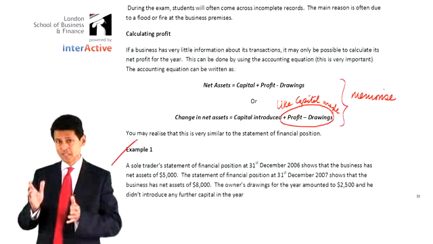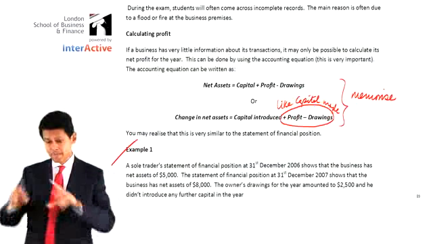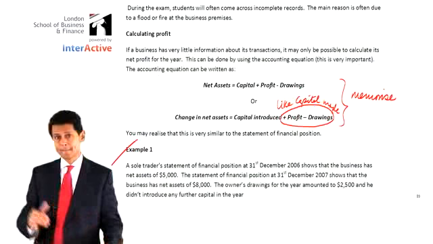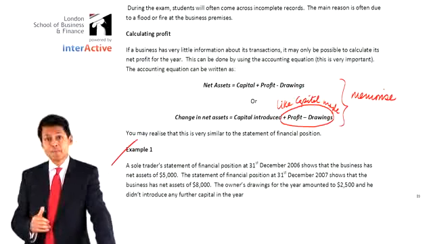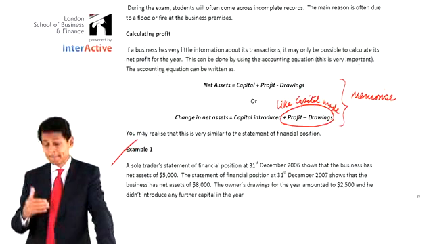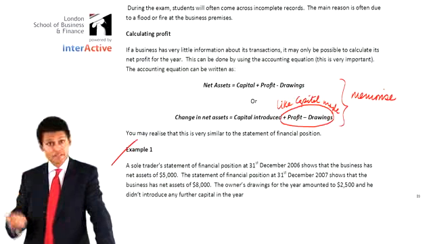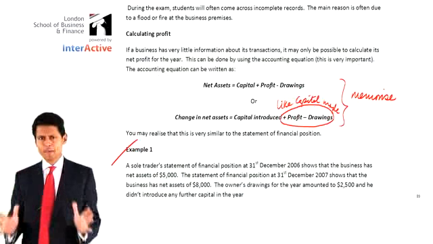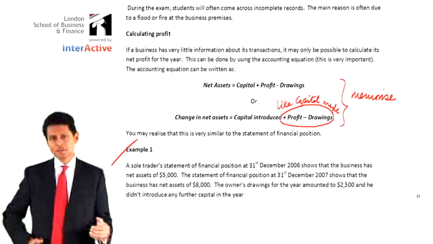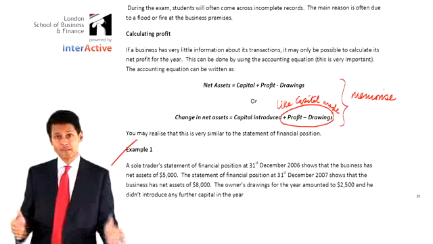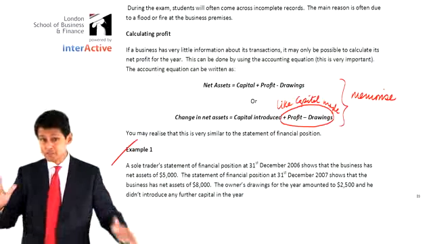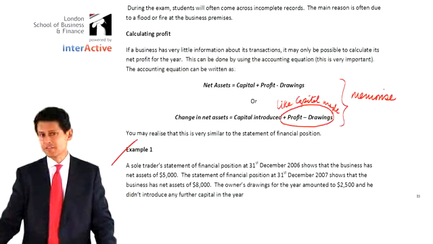And if any of them is missing, you can easily work out the missing figure, provided your general format is sound. A bit like when you're doing cost of sales and missing or lost or damaged in fire type of inventory. If you know your format and that format is rock solid, you can work backwards, downwards, anything, and you can get there. But if you're shaky about your foundation, you've got too many models, it becomes quite difficult.